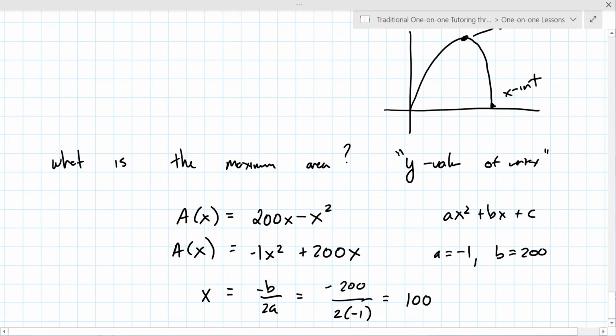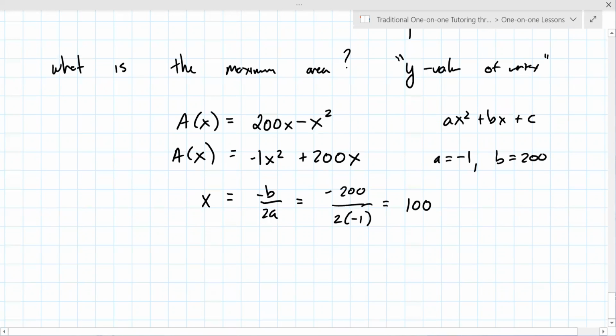But that's not what we want. We want the y value of the vertex. So to get the y value, you put 100 in for x. You put this value right here back into the original equation. 200 times 100 minus 100 squared.